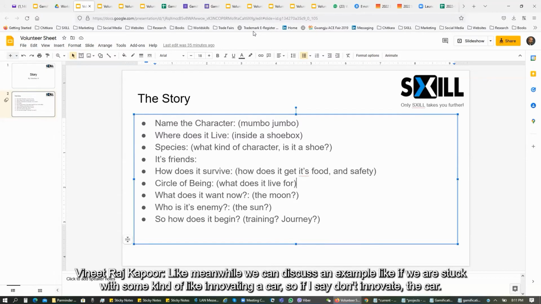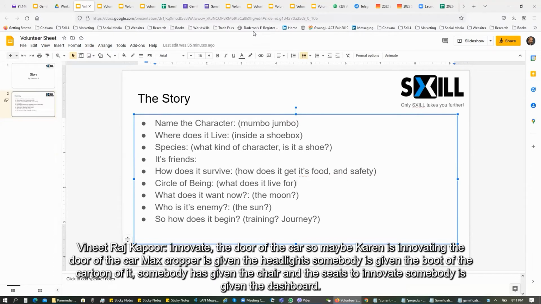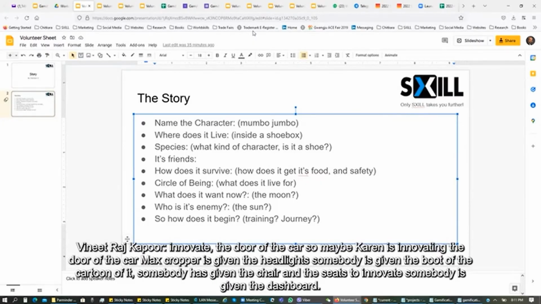Meanwhile, we can discuss an example. If we are stuck innovating a car, I say, don't innovate the car, innovate the door of the car. So maybe Karen is innovating the door of the car. Max is given the headlights.